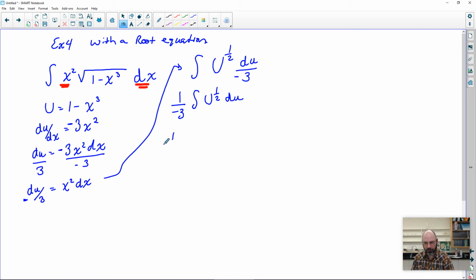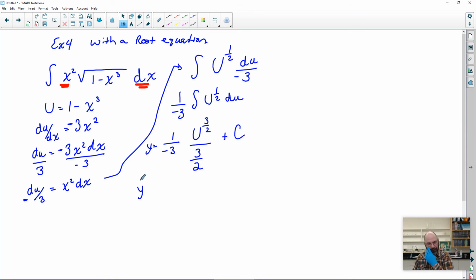So we've got 1 over negative 3 times the integral. Now we add 1 to 1/2, so that's u to the, add 1 to 1/2 is 3/2, over 3/2, plus c.